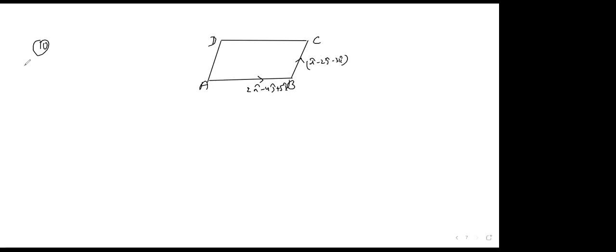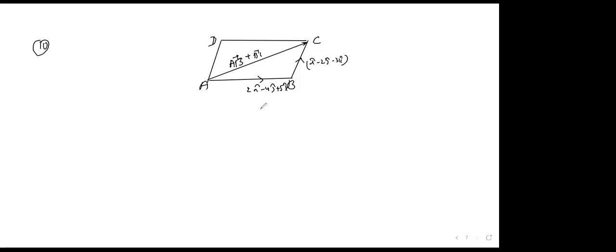So AC will be the resultant vector, and by the parallelogram law or triangle law, we can see that this will be vector AB plus vector BC. This will be the resultant vector.